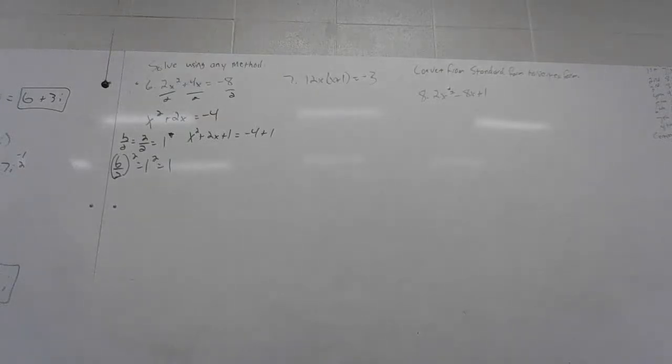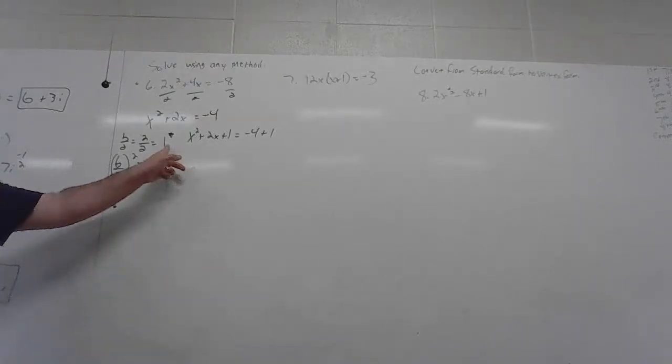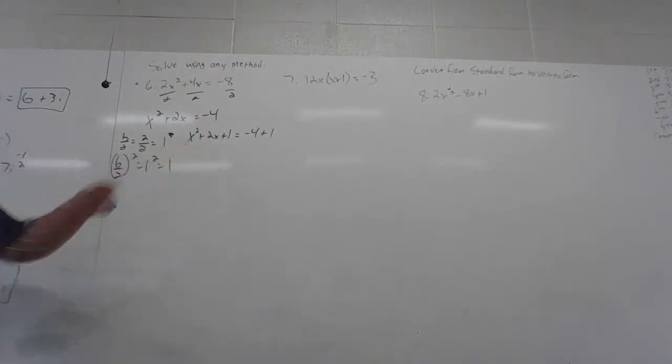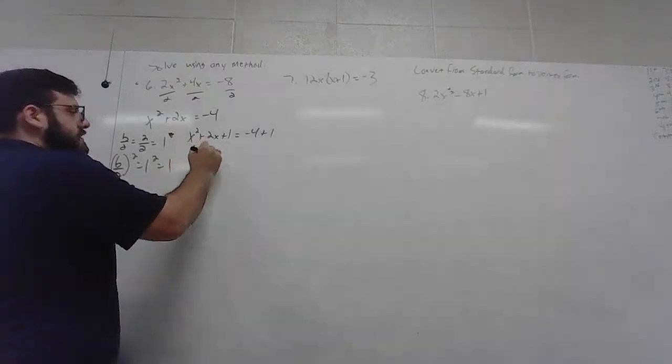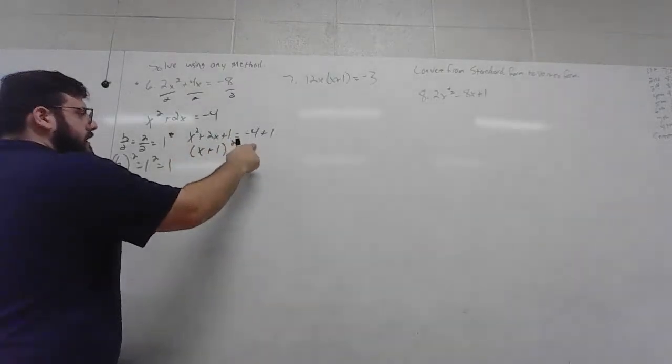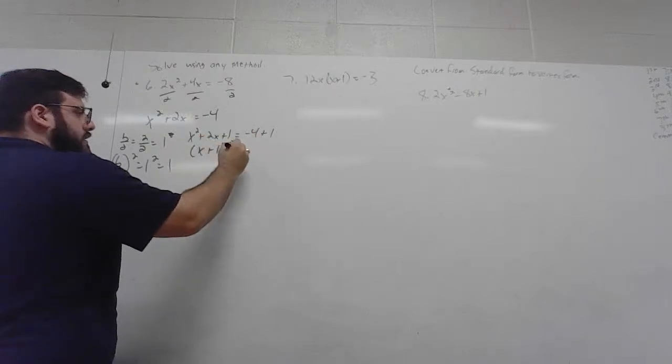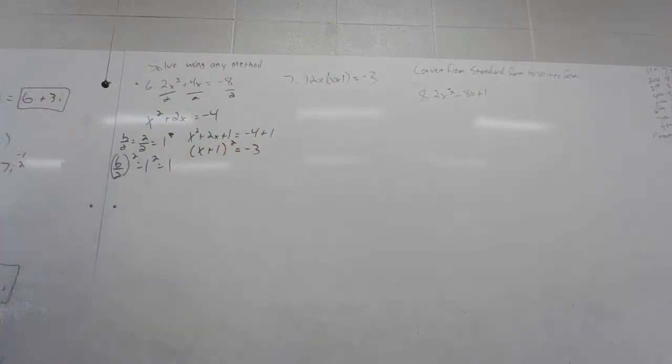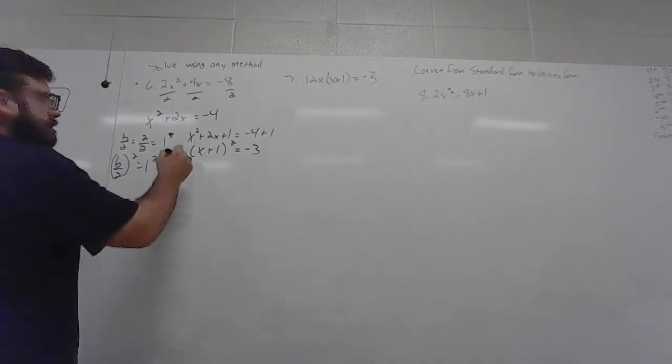So now that I've completed the square, I'm going to use this to factor into a perfect square. So this will factor to x plus 1 squared. And of course, negative 4 plus 1 is negative 3. Now that the left side is factored, I'm going to take the square root on both sides.